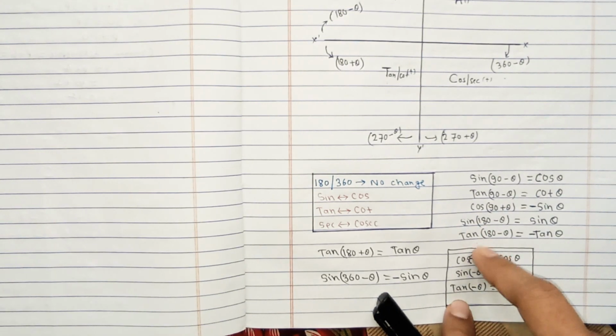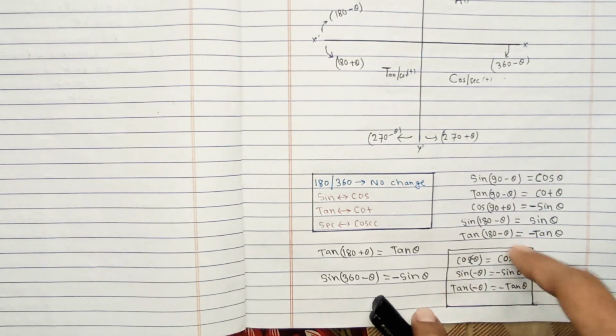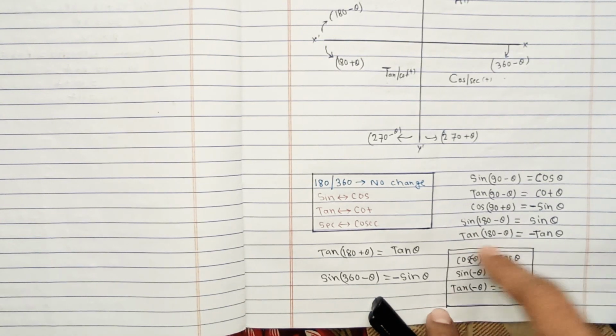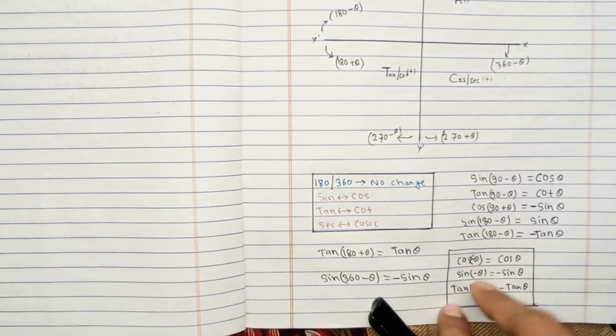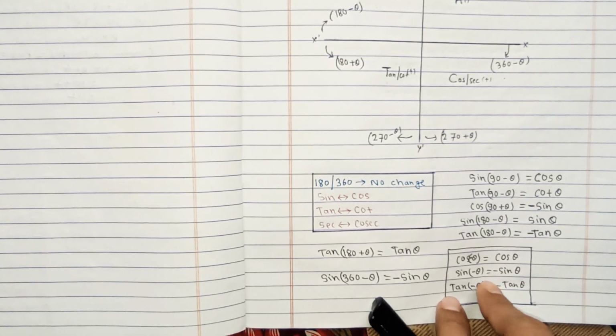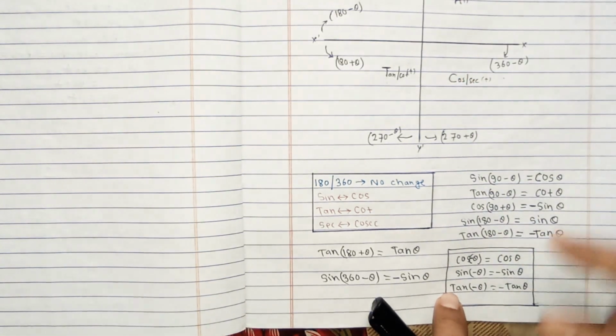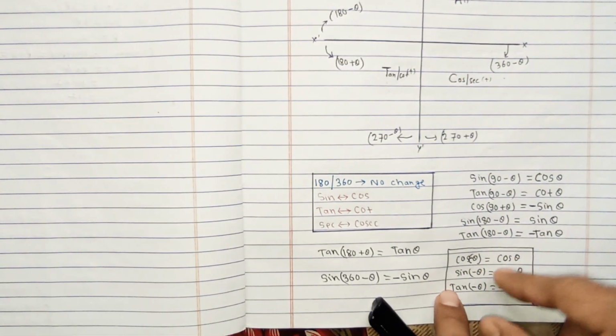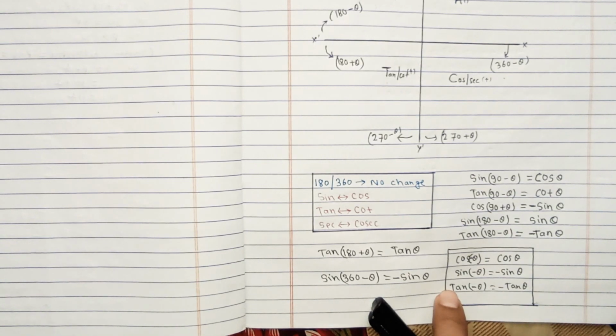So I have written only three here, but I can give you one quick way to memorize these things. It has also one derivation that proves it, but I don't want to show you here because it becomes so lengthy, but I can give you one hint to memorize it.